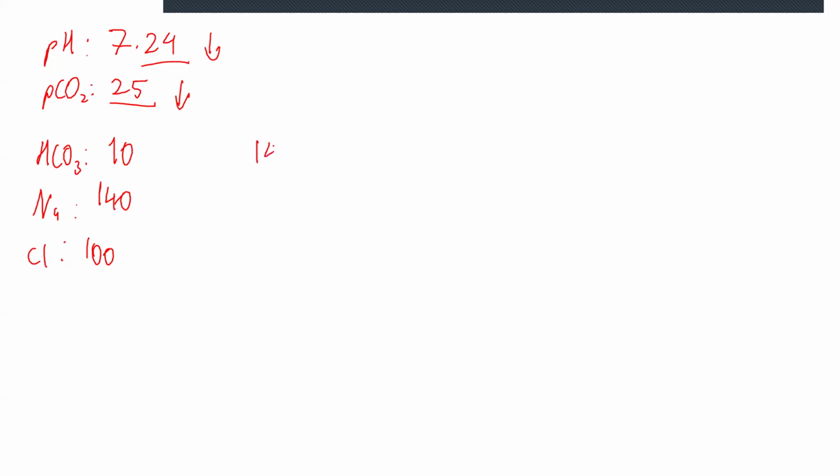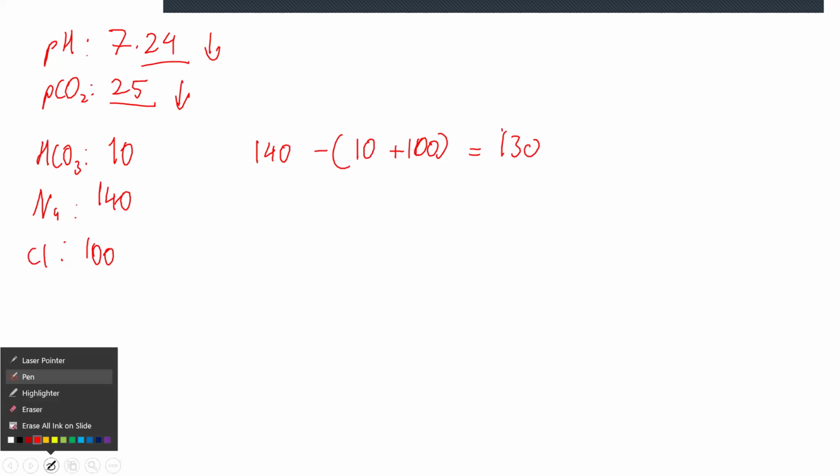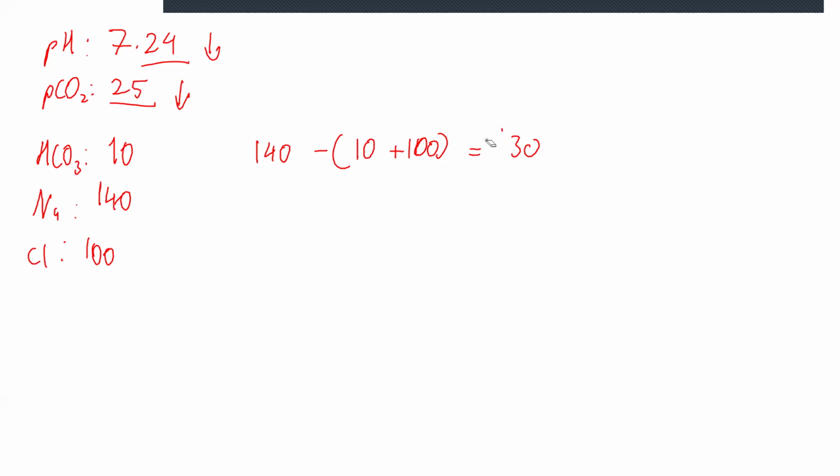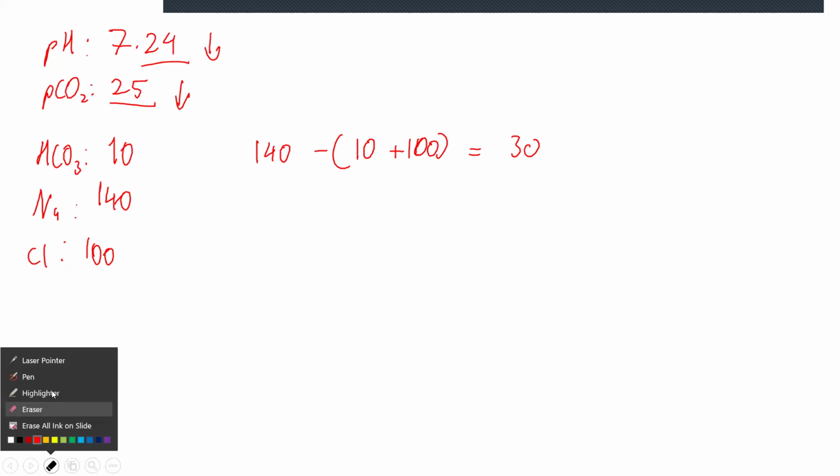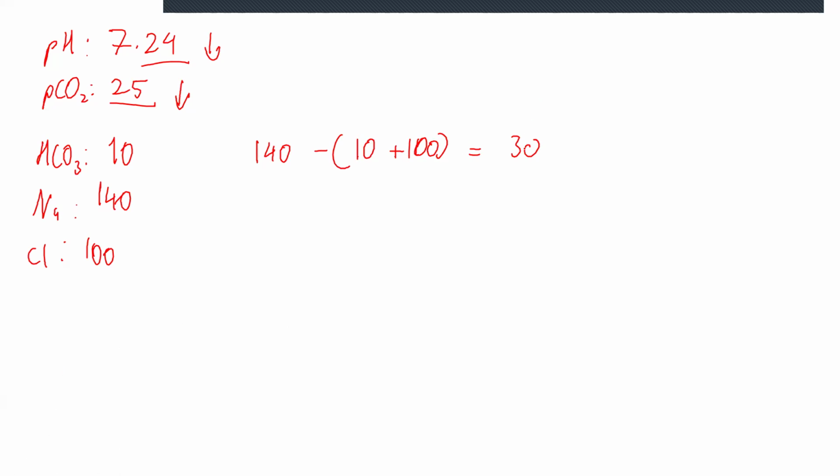That's going to be sodium, which is 140, minus bicarbonate, which is 10, plus chloride, which is 100. This gives us a result of 30 for our anion gap.